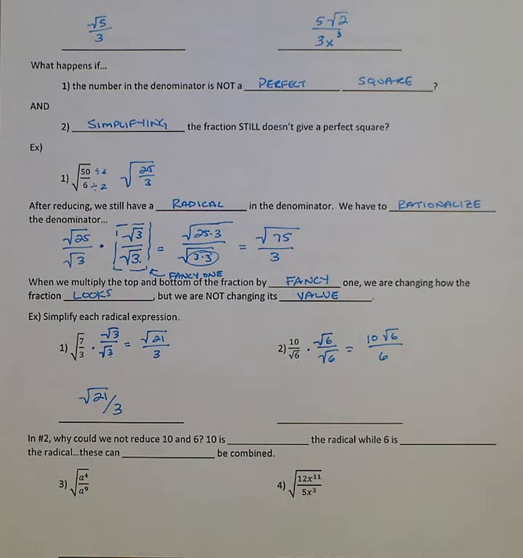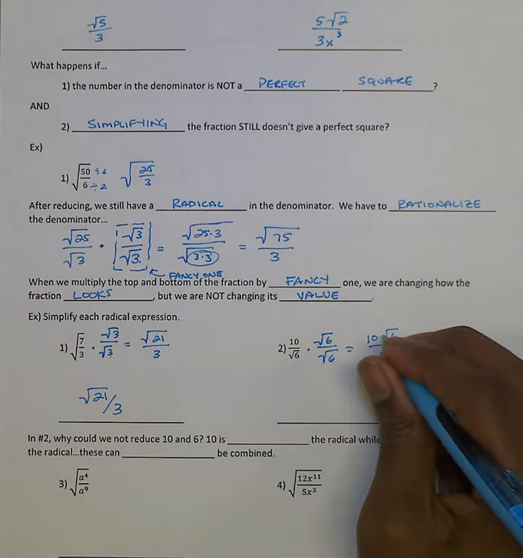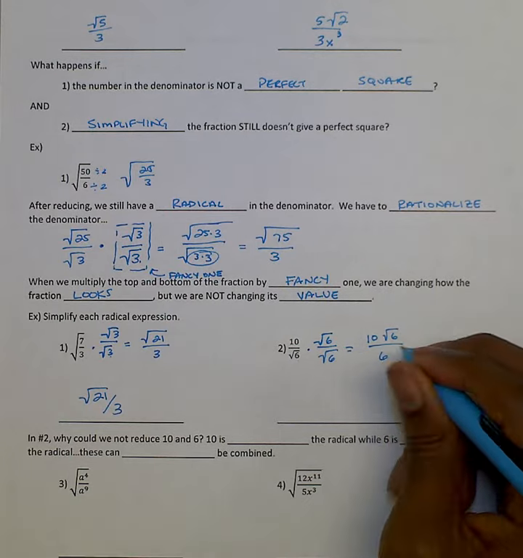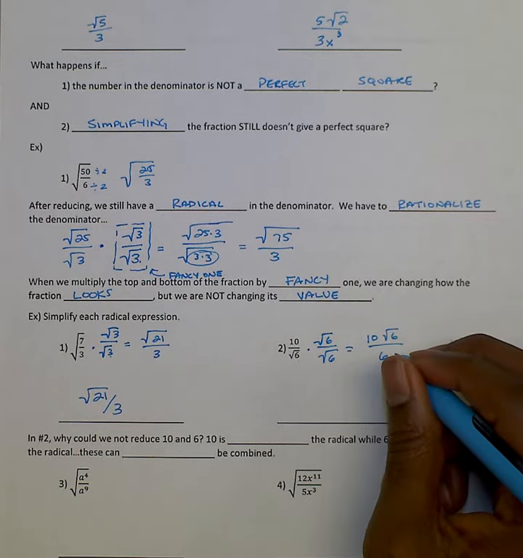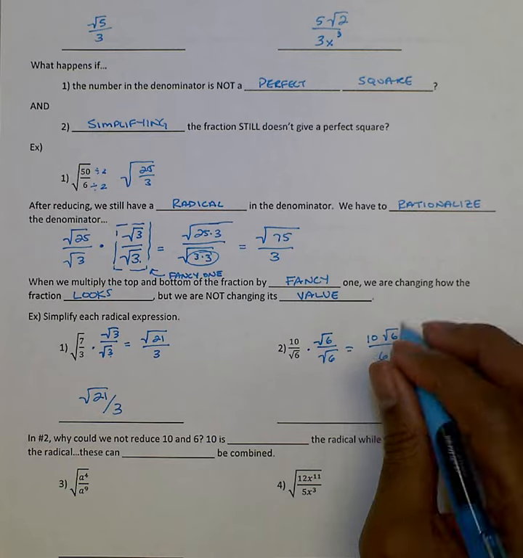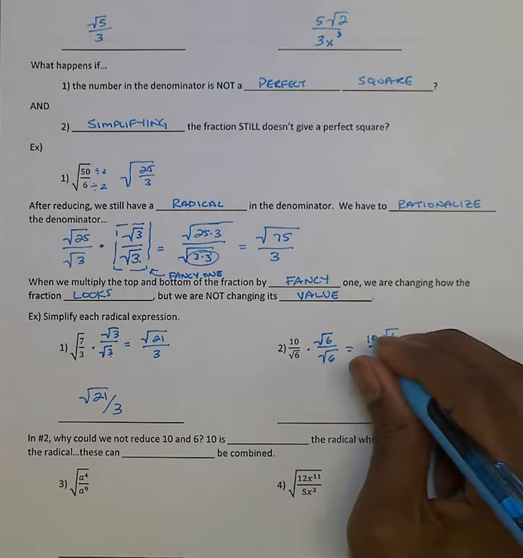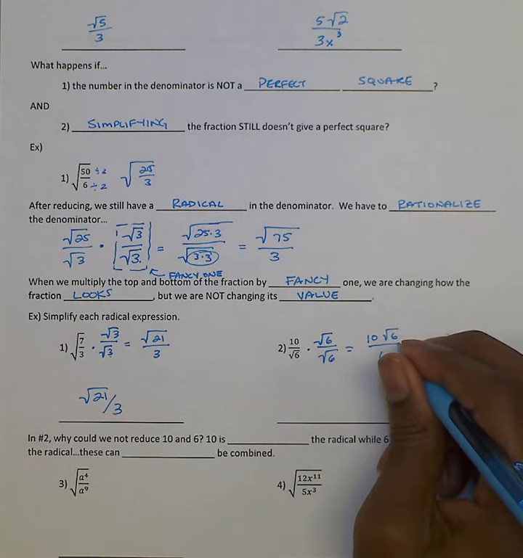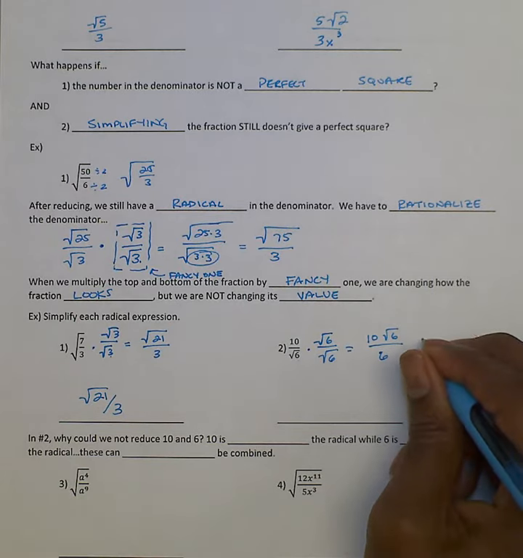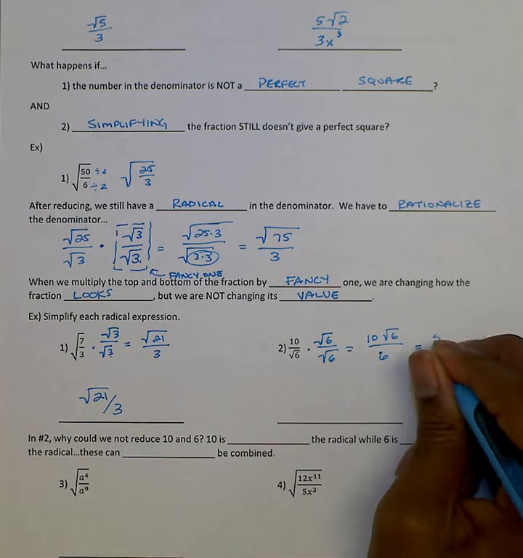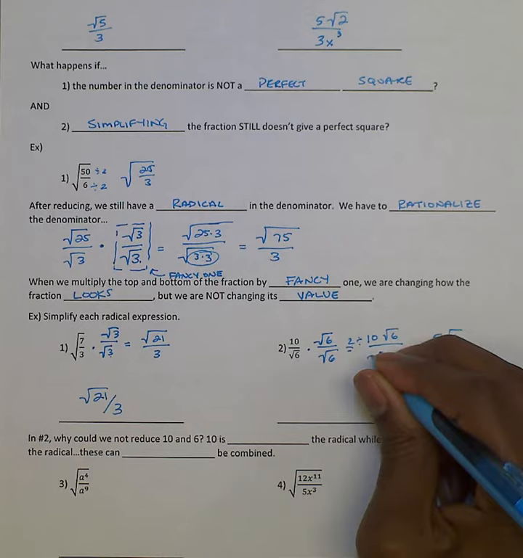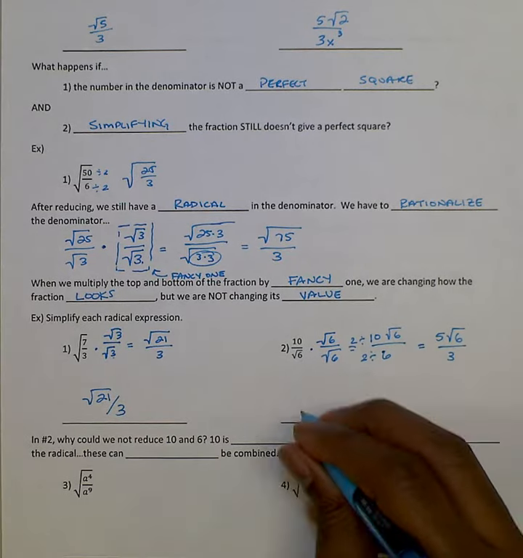Alright, so we did that, and now we see that we have 10 and 6 here. And so we're going to try to simplify this fraction. Since 10 and 6 are outside, we're going to simplify this fraction. 10, 6 simplify to 5 over 3. So 5 radical 6 over 3. So we can take 2 out of both of those, right? And so then that's our final answer.